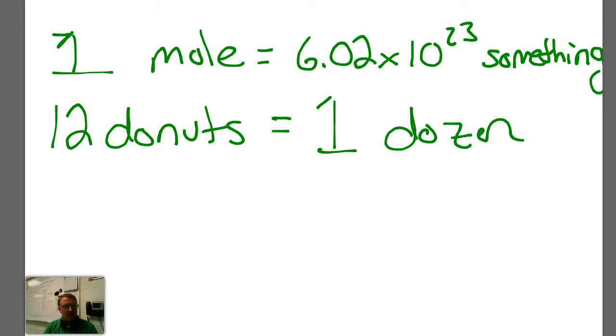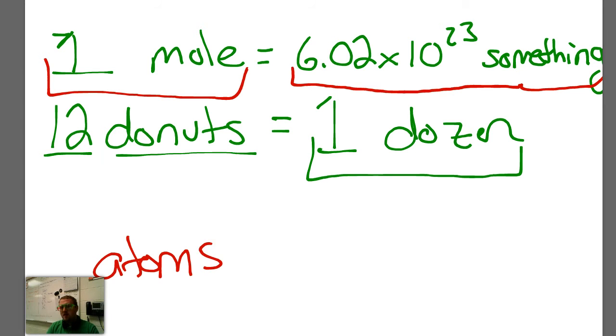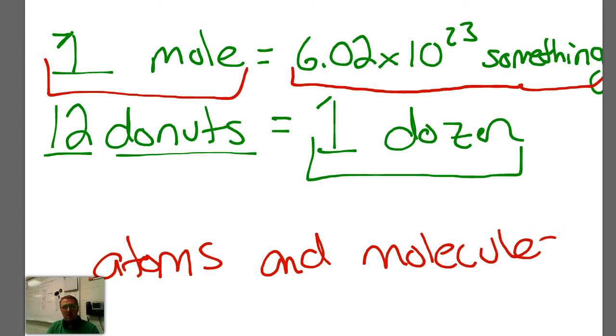Now see that this is 12 of something, and it represents this idea of 1 dozen. Well, the same idea is true here with the mole. 1 mole represents the quantity 6.02 times 10 to the 23rd of something. For our purposes, because the mole is such a large number, we are actually going to be working with 6.02 times 10 to the 23rd atoms, which are very, very small, and molecules, which, though not as small as atoms, oftentimes are still just as small.